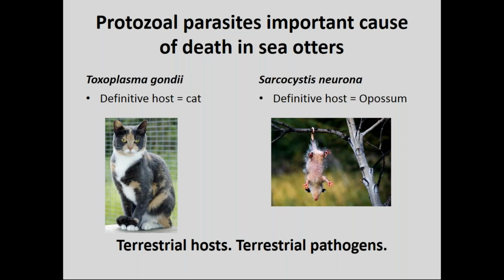So cats excrete Toxoplasma oocysts in their feces, and opossums are the only host for Sarcocystis neurona, which is a closely related protozoal parasite. And somehow these oocysts are making it from land to sea.